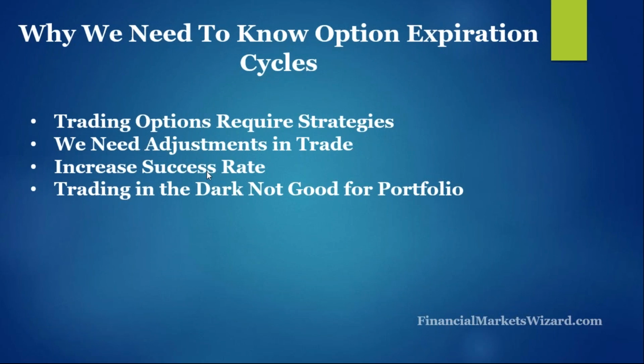We can make adjustments in the trade, and in this way the success rate will go up and we will not be trading in the dark. If we know in advance which month will be added, where the options are expiring, we have a better chance of success. So knowing option expiry cycle is important.